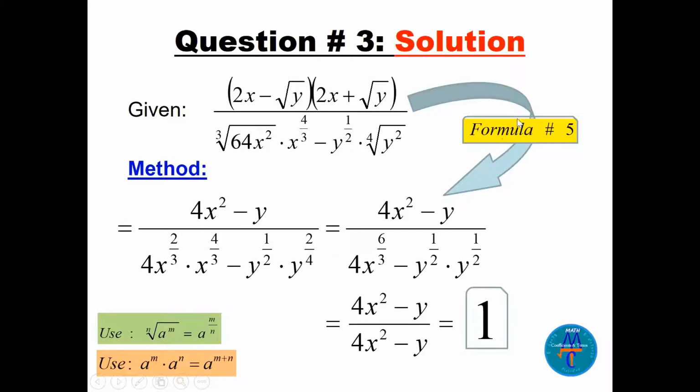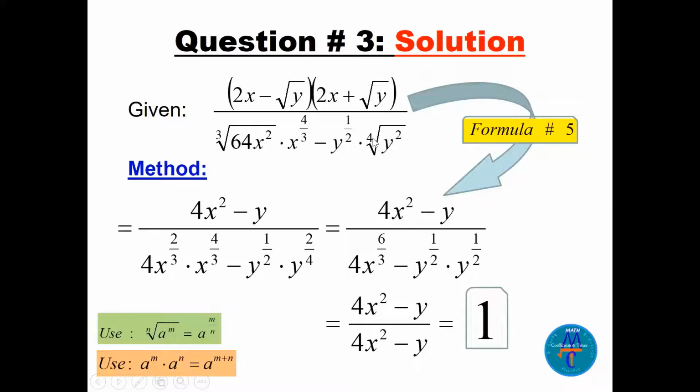For the denominator, use the rule nth root of a to the m. The cube root of x to the power 4 is x to the power 4 over 3. When you multiply here, we add the powers: 2 over 3 plus 4 over 3 gives 6 over 3.